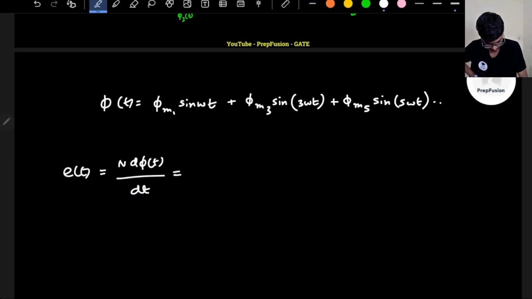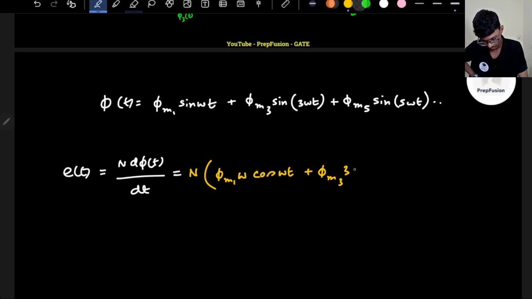So this will be N into d/dt of the flux. Differentiating, this will be phi m1 omega cos of omega t plus phi m3 3 omega cos of 3 omega t, and so on.